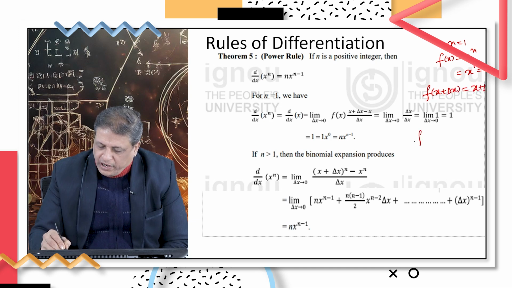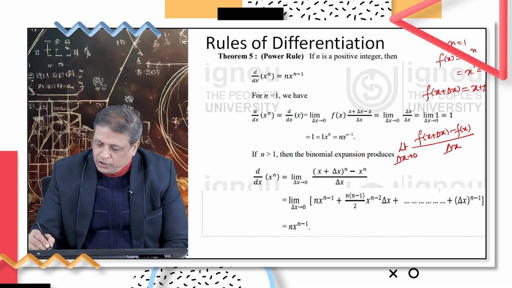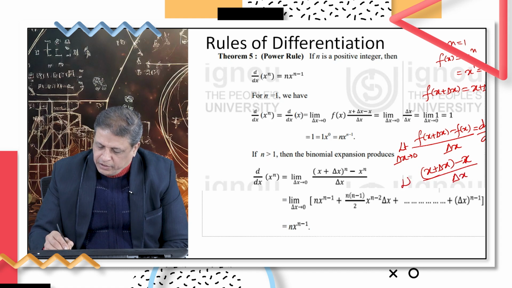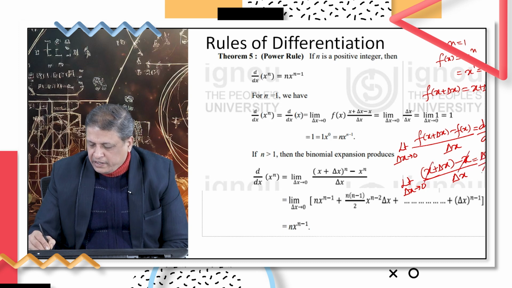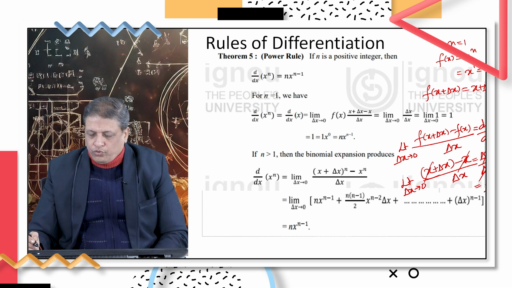Therefore, f(x plus delta x) minus f(x) upon delta x, limit delta x tends to 0, is nothing but df(x) by dx. This turns out to be x plus delta x minus x by delta x, limit delta x tends to 0. Solving the expression, x cancels out, you will get delta x by delta x, which again cancels out, and you will get the answer equal to 1.